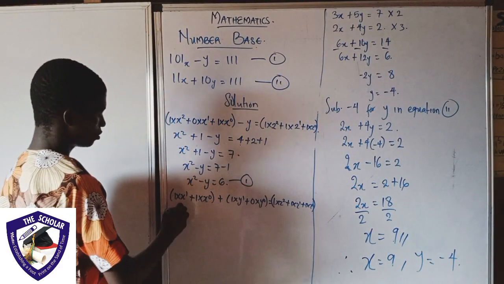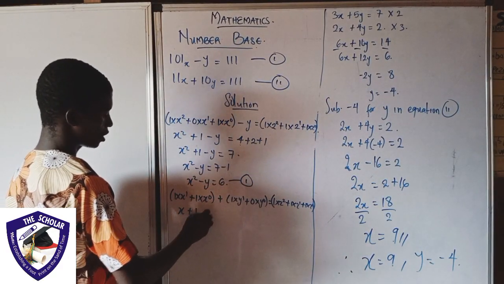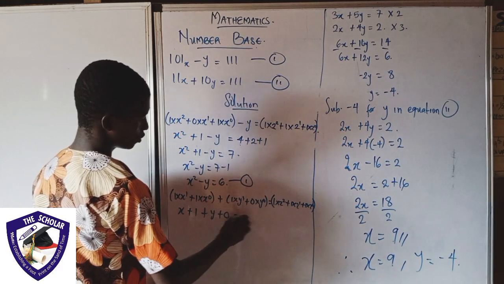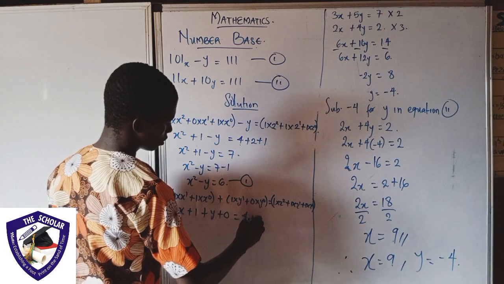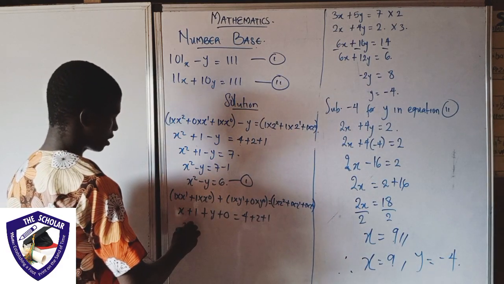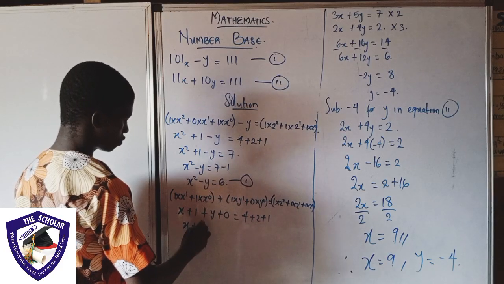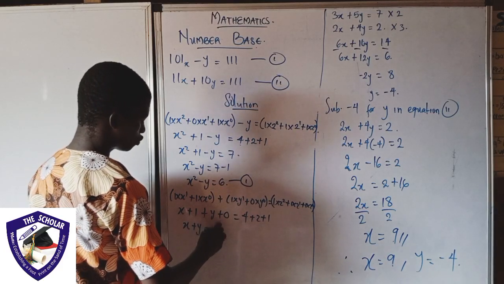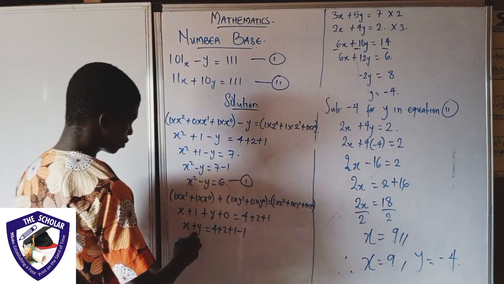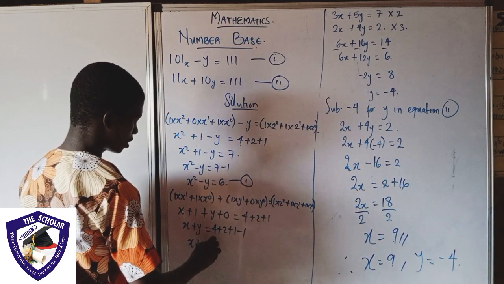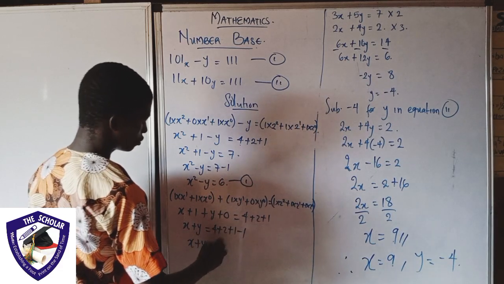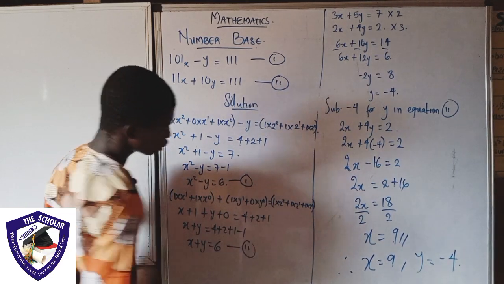So I have x plus 1 plus y plus 0 equals 4, 2 and 1. So I have x plus y equals 4 plus 2 plus 1 minus 1. So I have x plus y equals 4 plus 2, which is 6. 1 minus 1 is 0. So I have my equation 2.